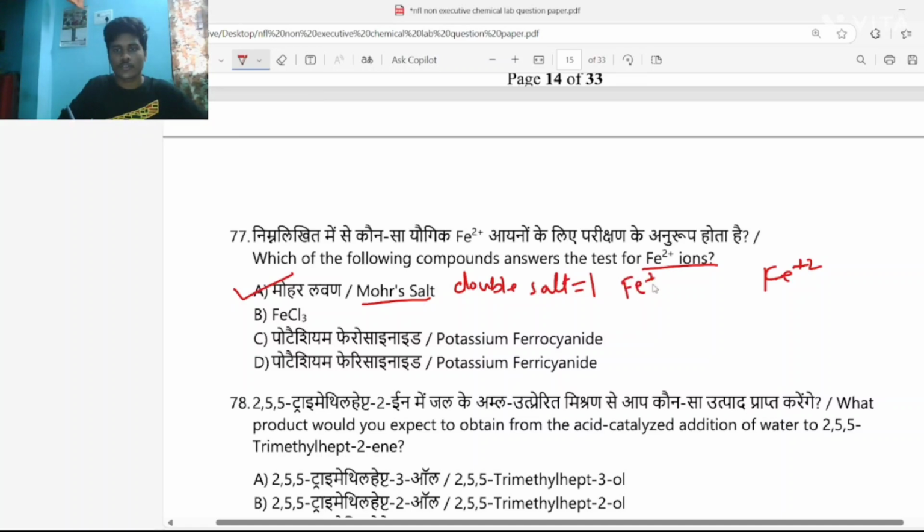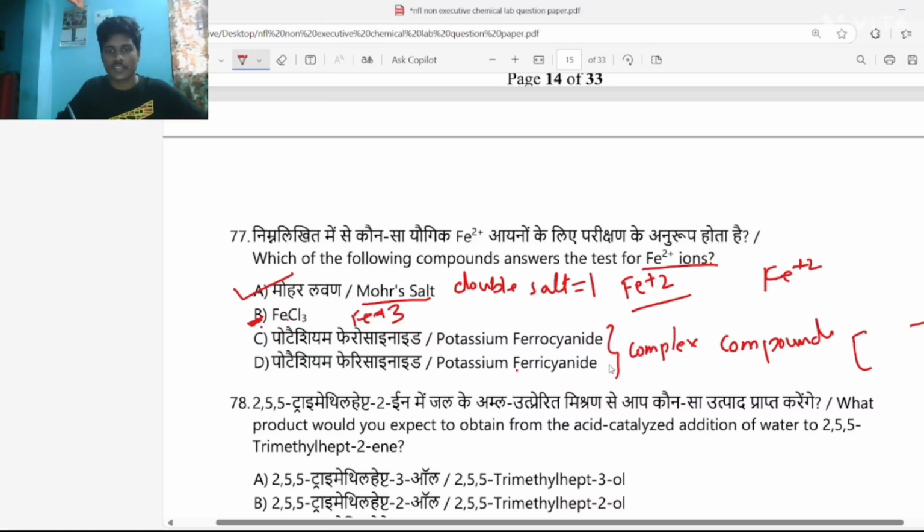It will give Fe+3, not Fe+2, right? The next options are potassium ferrocyanide and potassium ferricyanide. These two are complex compounds. Coordination compounds are complex compounds. They cannot give you the test for individual ions, right? They give a complex ion, so they do not lose their identity in water. So obviously option A is the correct answer.